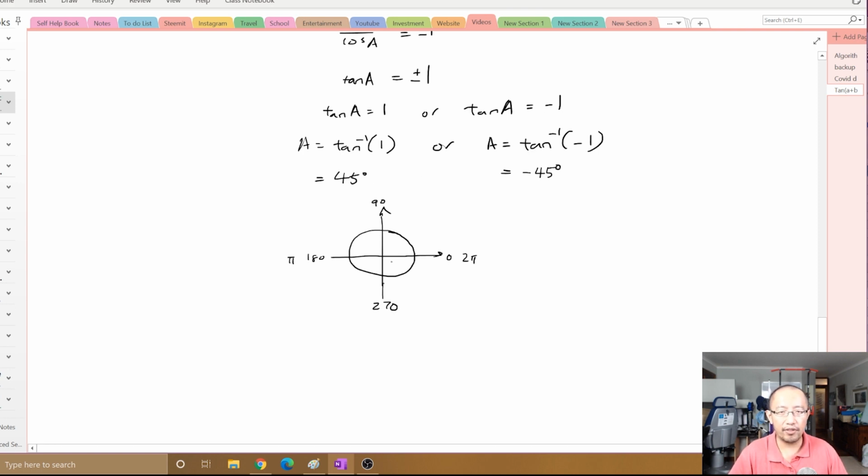Okay, so 45 degrees would be here. Right, so that's another 45. 45 is the same as pi over 4, because 180 divided by 4 is 45.